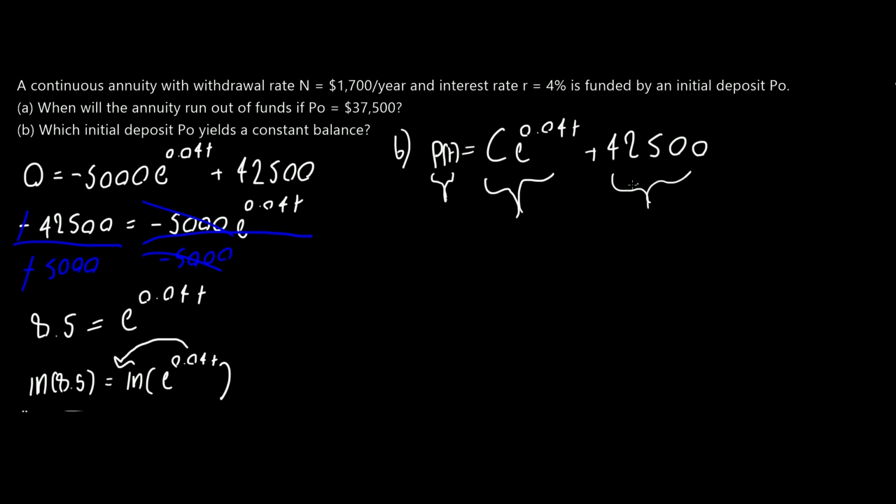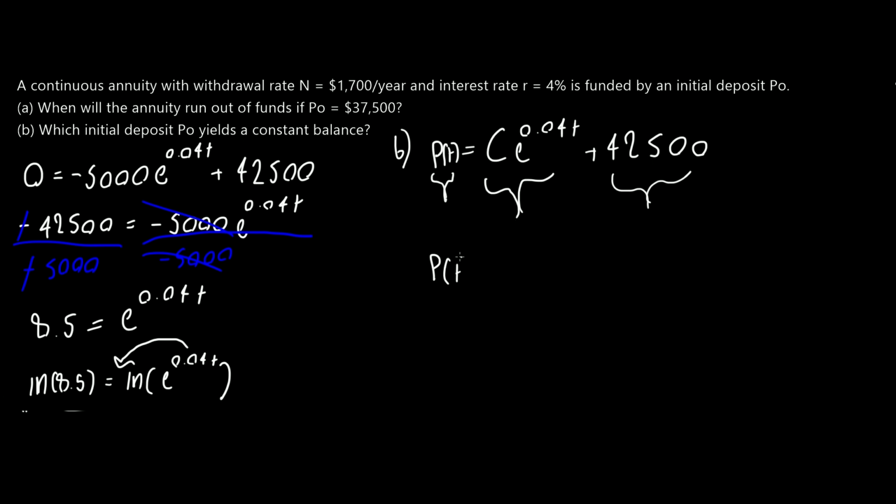That'll never change. What is changing over time is this part, the middle, because it's e to the power of 0.04t. So as time changes, this will change too. So if there were a way to get rid of this part of the equation, we can get a constant balance the whole time. So that is exactly what we're going to do.